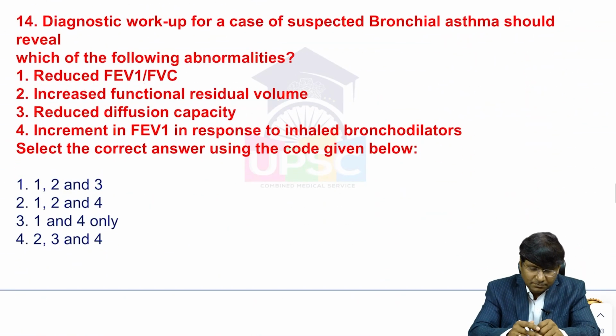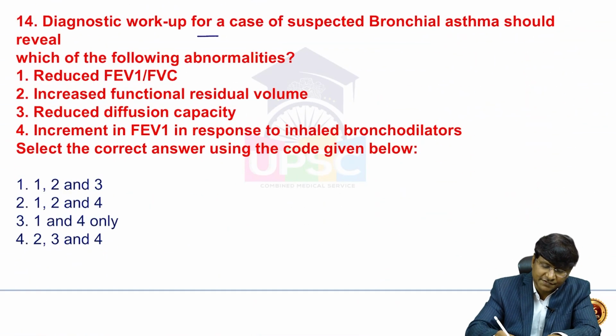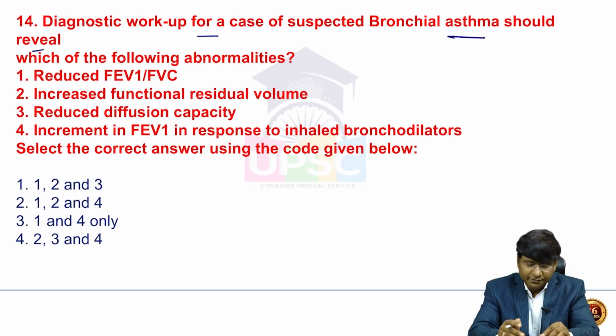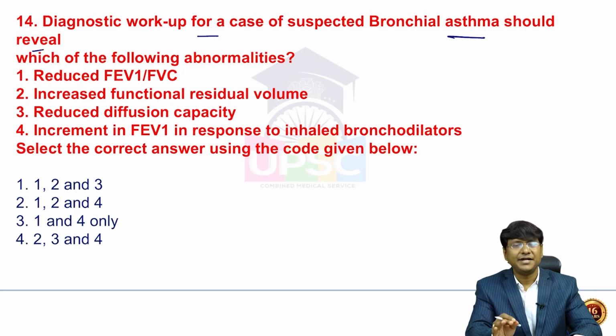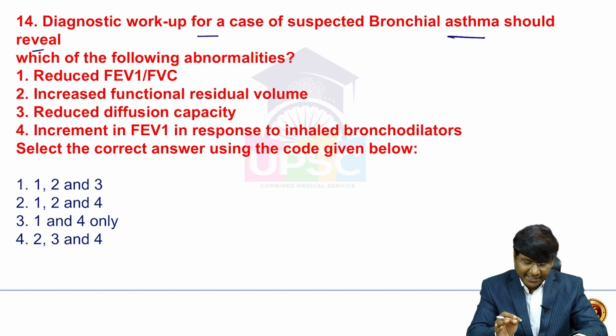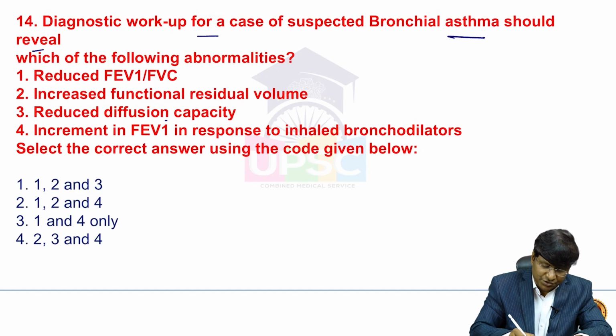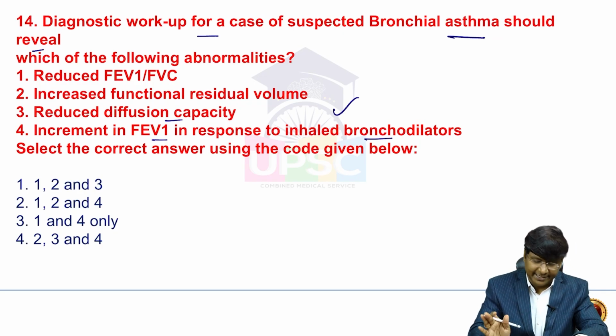Then, diagnostic workup for a case of suspected bronchial asthma should reveal which of the following abnormalities: reduced FEV1 by FVC, increased functional residual volume, reduced diffusion capacity, increment in FEV1 in response to inhaled bronchodilators.